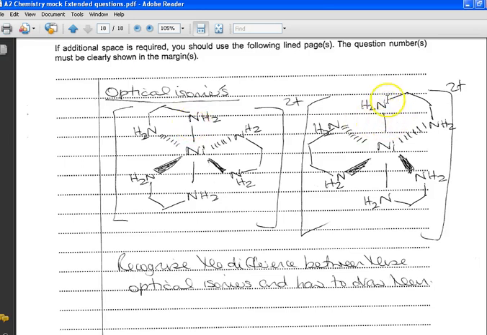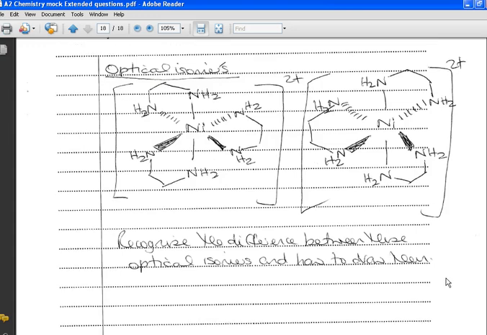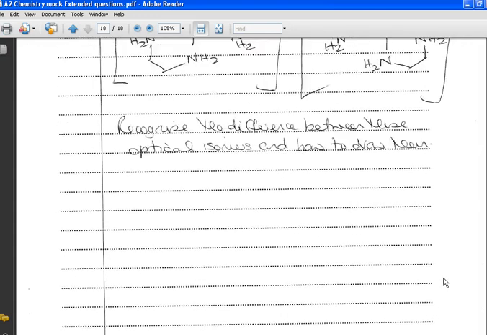Here you're going from the one in the plane of the paper to the one going back on the right hand side. So each of these bidentate ligands is connected in a slightly different order. That's just practice really, because they're pretty much the same. If they're 6 coordinate, that's what the optical isomers are going to look like. So as long as you can draw them, there's nothing to stop you getting all the marks.